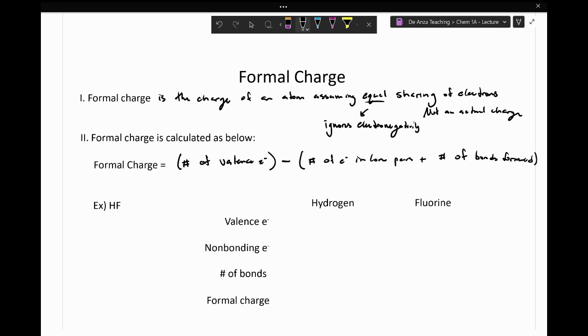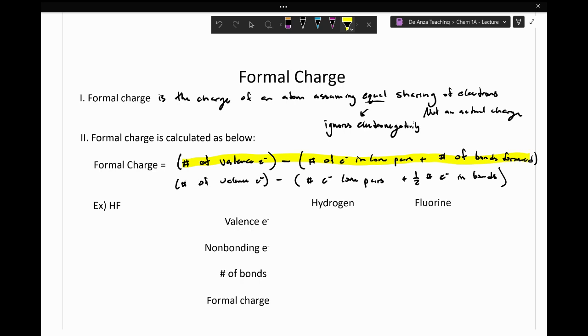Sometimes you'll see this written as the number of valence electrons minus the number of electrons in lone pairs plus 1/2 the number of electrons in bonds, or 1/2 the number of bonding electrons. I typically favor the first form, which is valence electrons minus electrons in lone pairs minus number of bonds formed.